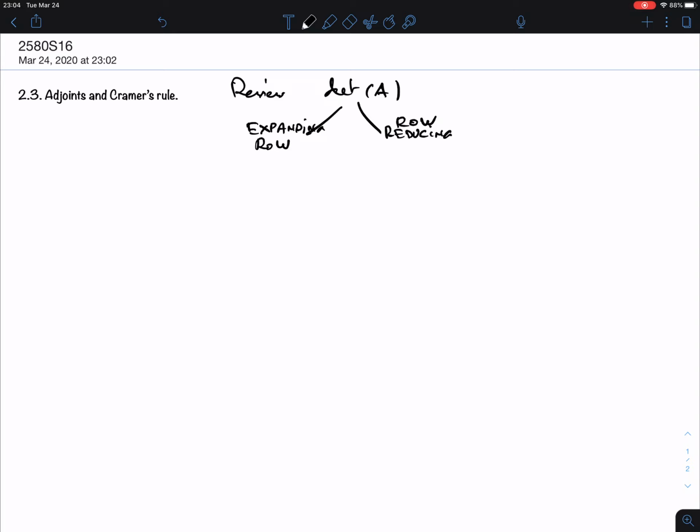Okay. Now I'm going to get more interested in the following problem. What about the inverse of A? Remember, we had a formula. Let me write down again the formula. If A is the 2 by 2 matrix A, B, C, D, then there are two parts to find the inverse. The first one was the determinant.